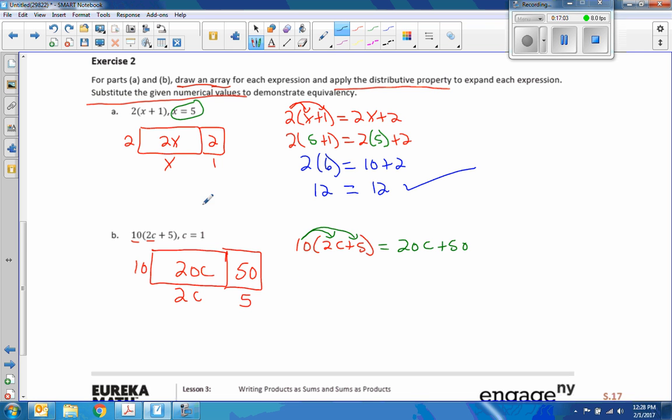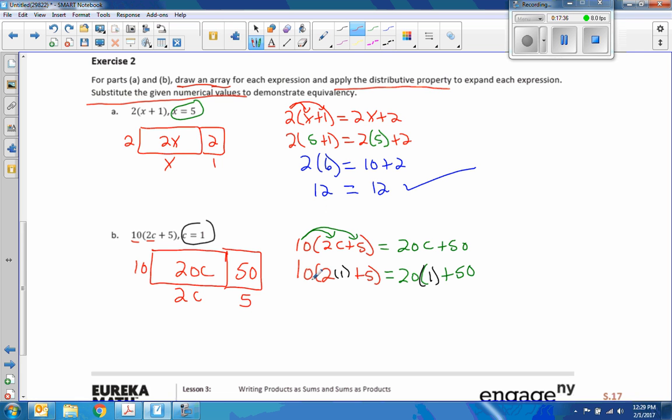Now it says to let c equal 1. So now I'm going to redo this problem. 10 times 2 times 1 plus 5 equals 20 times 1, my c, plus 50.